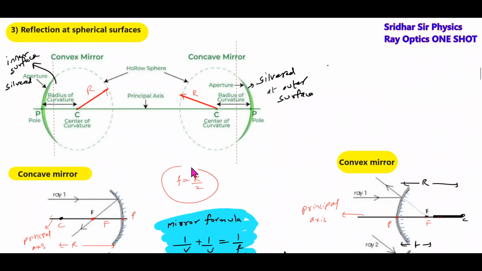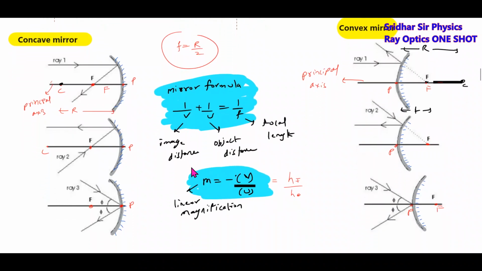So then we'll take the image tracing. How do we trace out an image here? So there's a concave mirror. The outer surface is silvered, the inner surface is available for reflection. Ray 1, a ray incident parallel to the principal axis, after reflection will pass through the focus. Okay, fine. This is a basic condition.